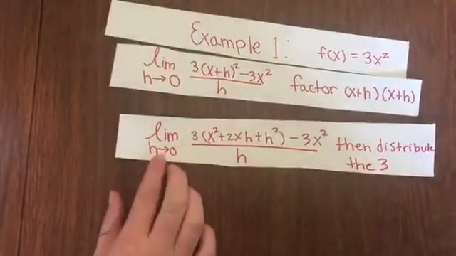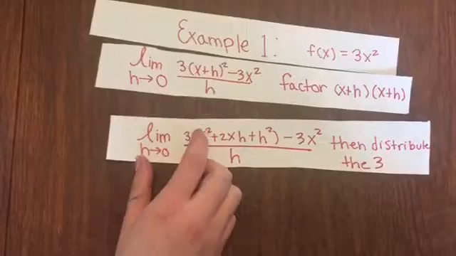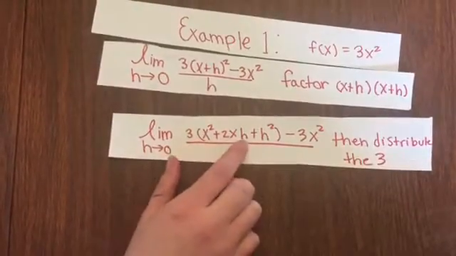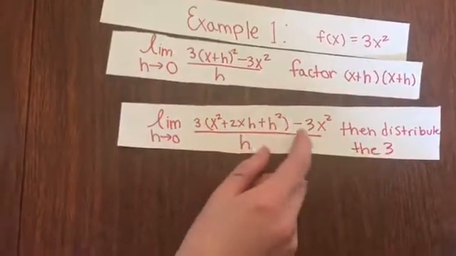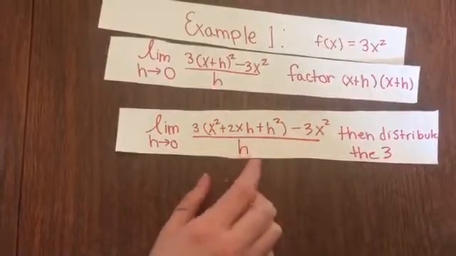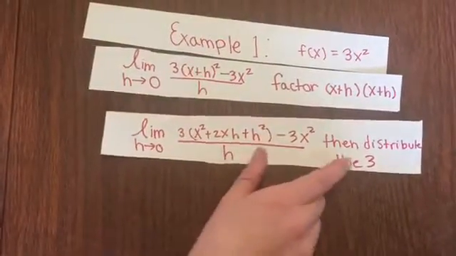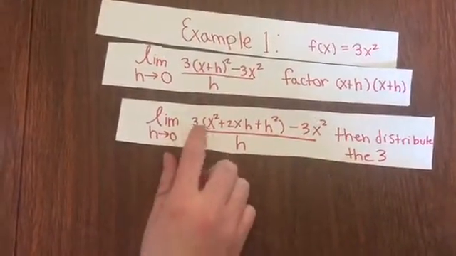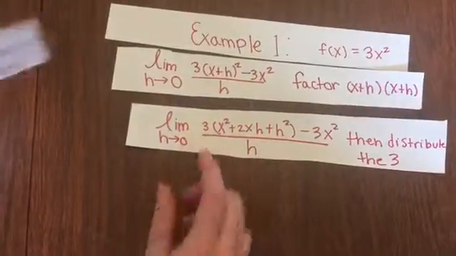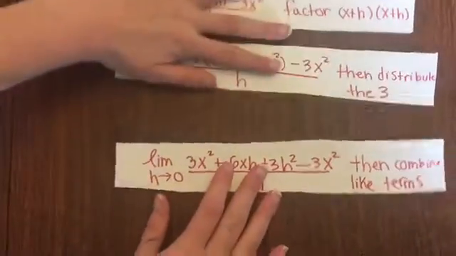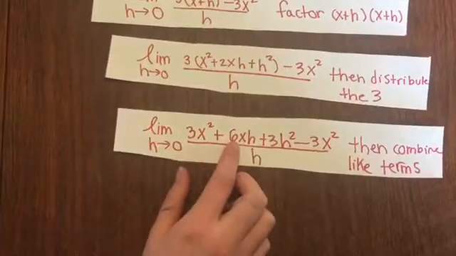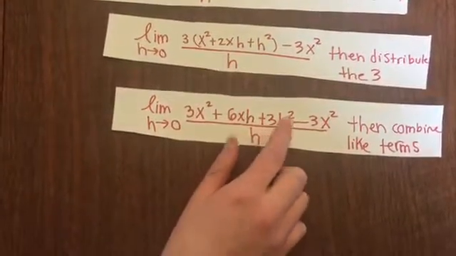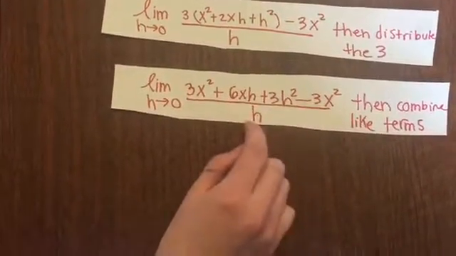So then limit as h approaches 0 is 3x squared plus 2xh plus h squared minus 3x squared over h. And then you're going to distribute the 3 at this front area. So that's going to be 3x squared plus 6xh plus 3h squared minus 3x squared over h.